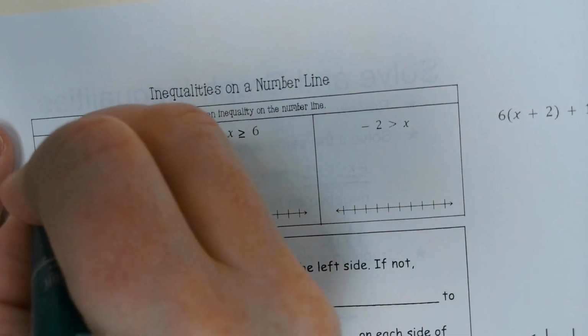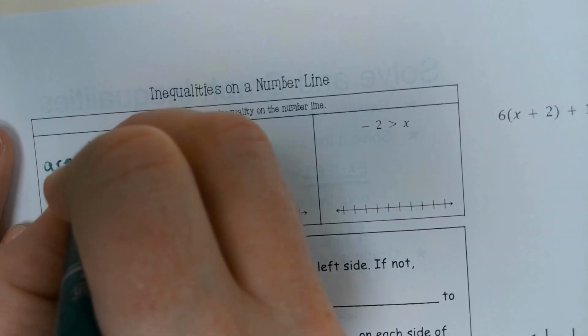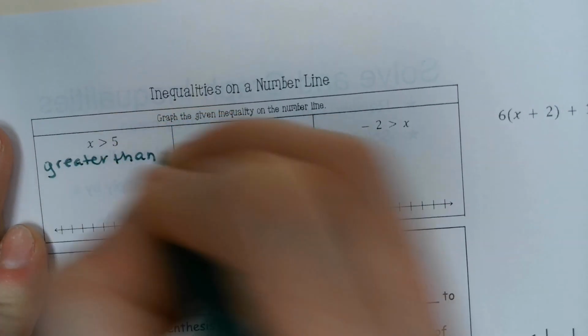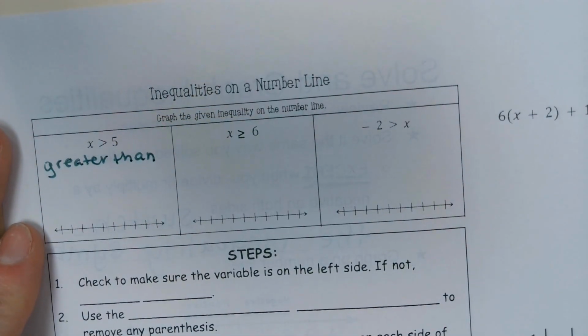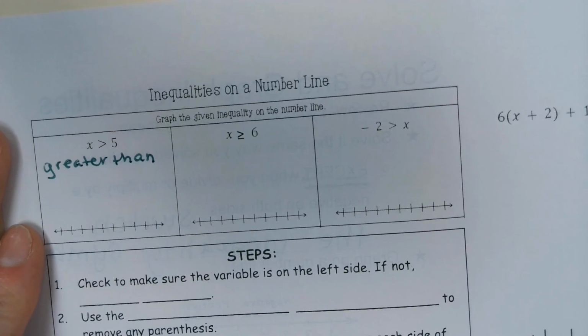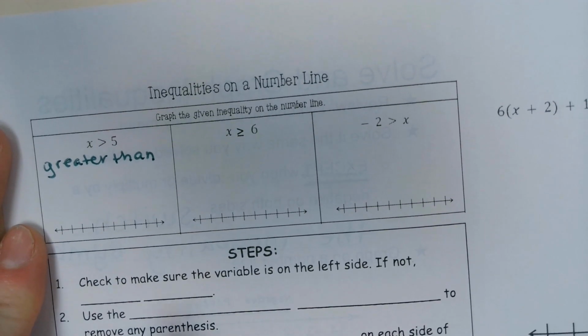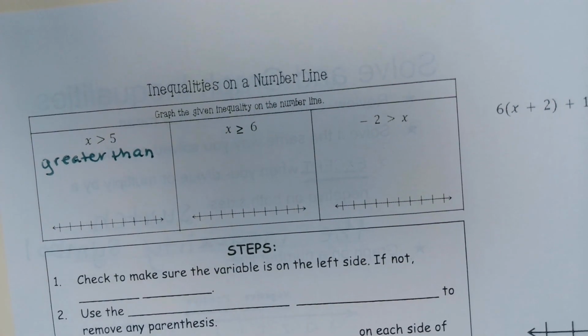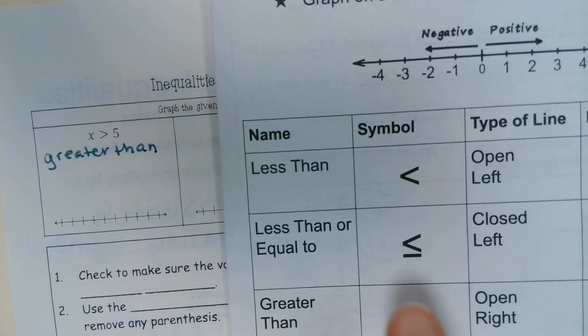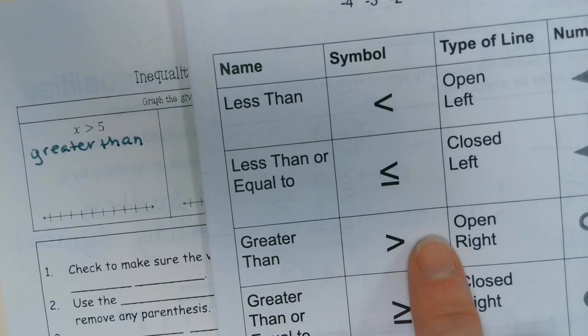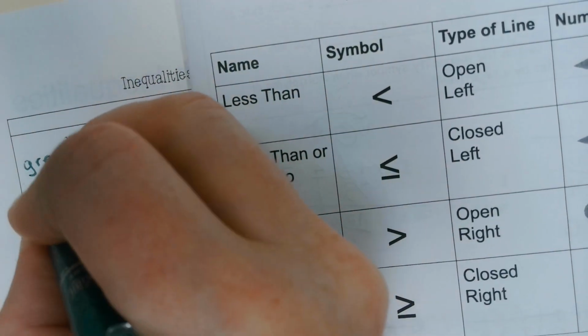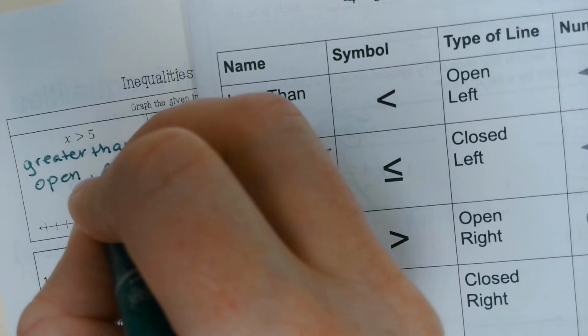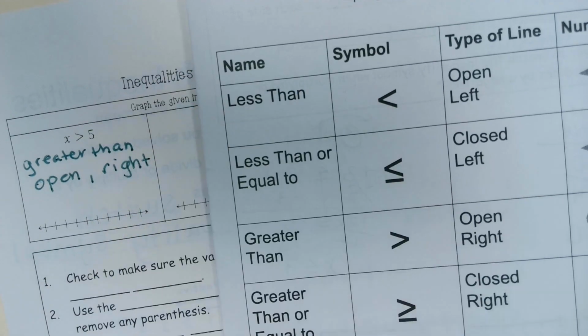If you want to write that, greater than. So if it's greater than, look back at the front, greater than, it's open right. So go ahead and write that, open right.